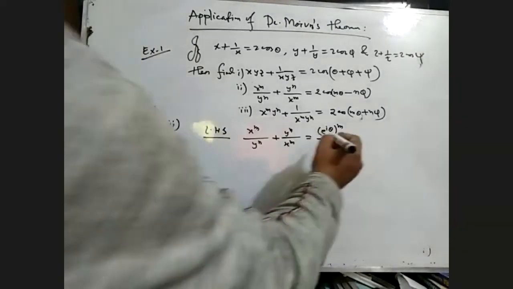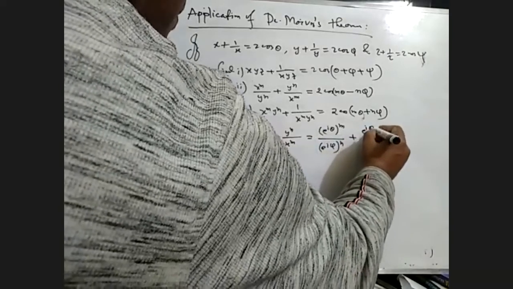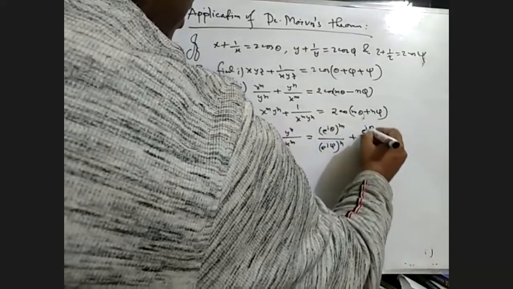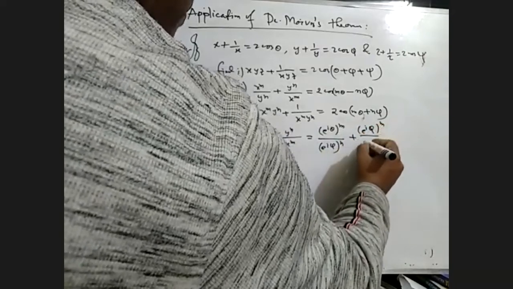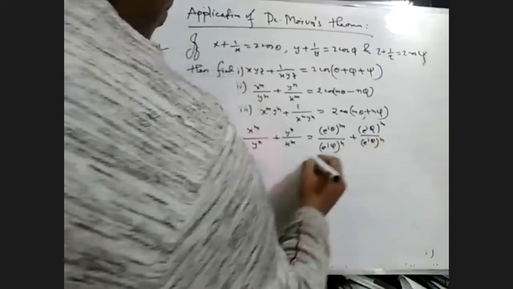plus y value e to the power i phi divided by the x value e to the power i theta whole to the power n.